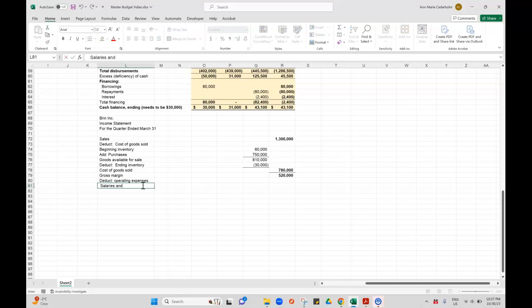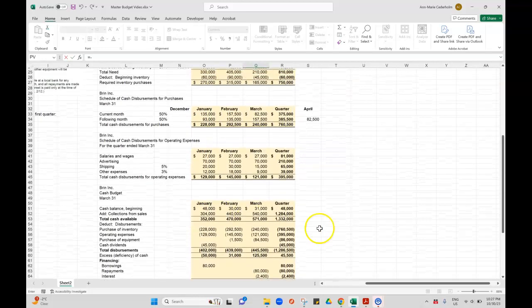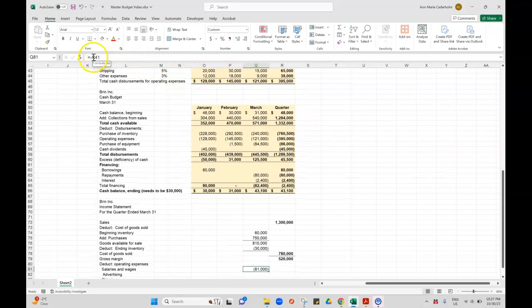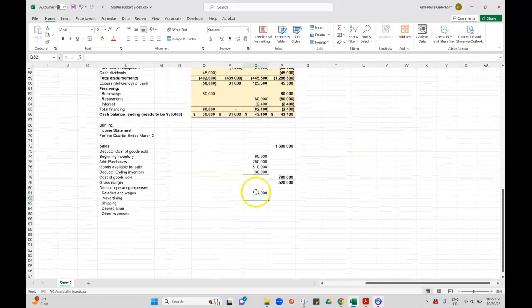So salaries and wages, there was advertising, there was shipping, depreciation, and other expenses. So I'll just go up here and grab them. So it's just all of these. And I can just drag the formula down now. There we go.